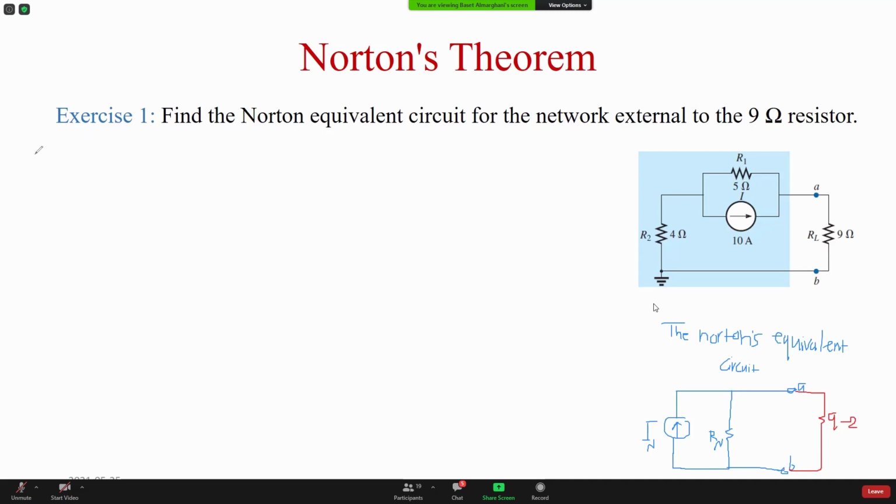So the first thing I have to find is R Norton. Now I don't write Thevenin because it's the Norton equivalent.